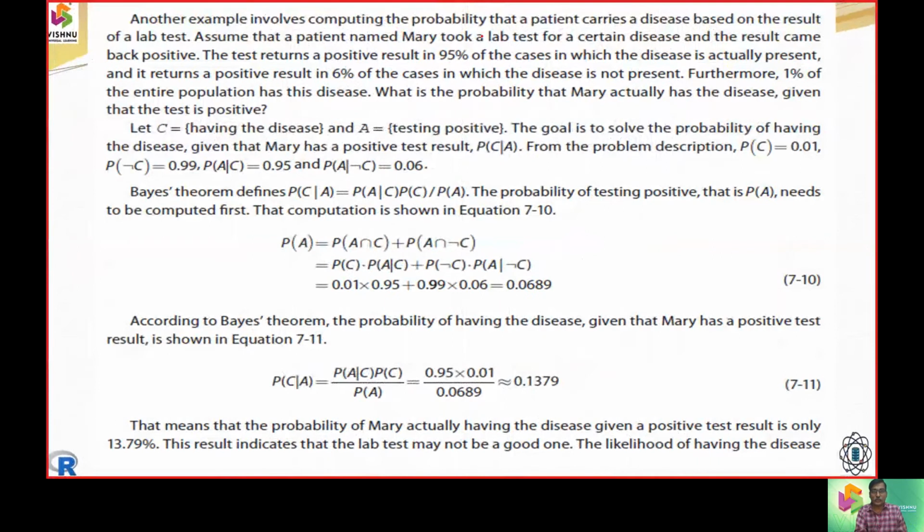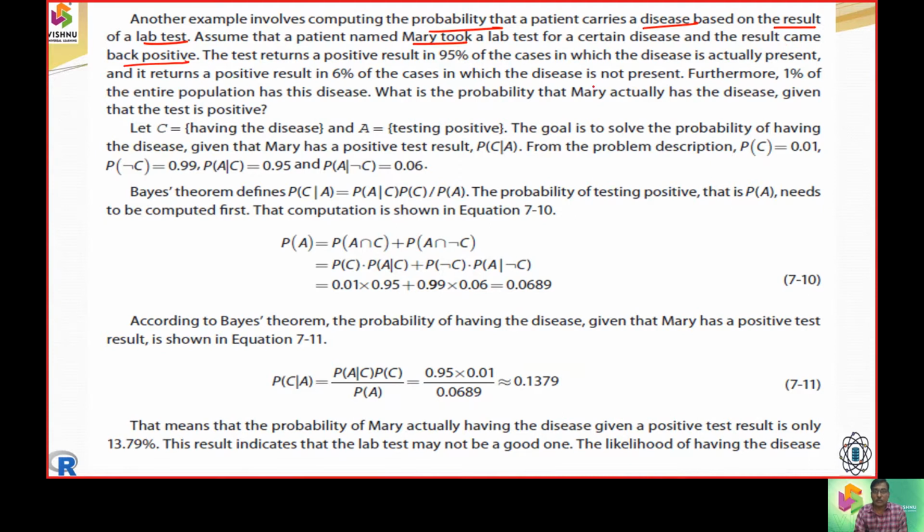So now we are going to assume that we are computing the probability of a patient carrying a disease. On the lab test, we assume the patient's name is Mary, and she took a lab report for a certain disease and the result came as positive.